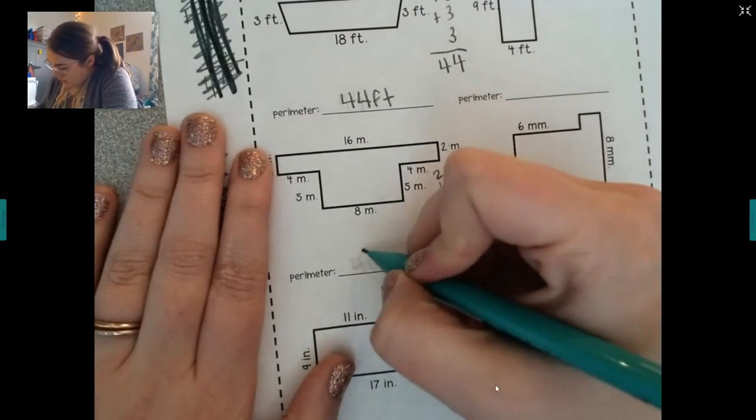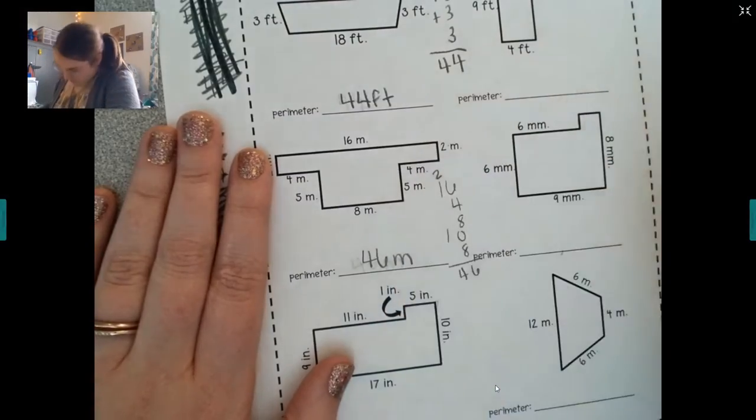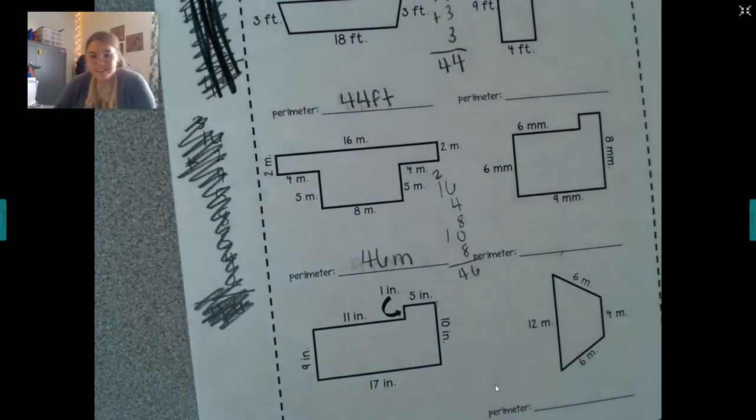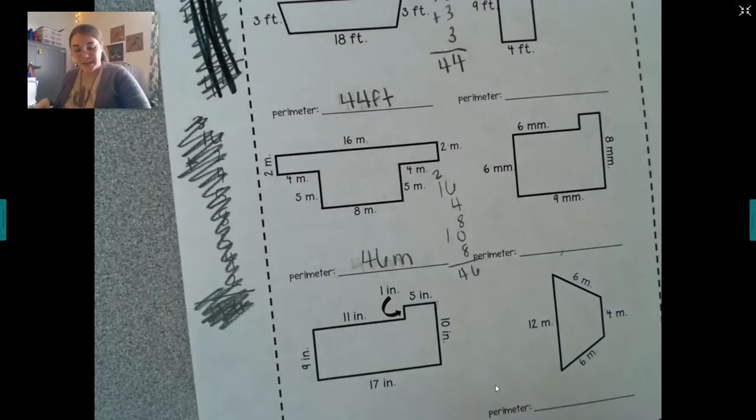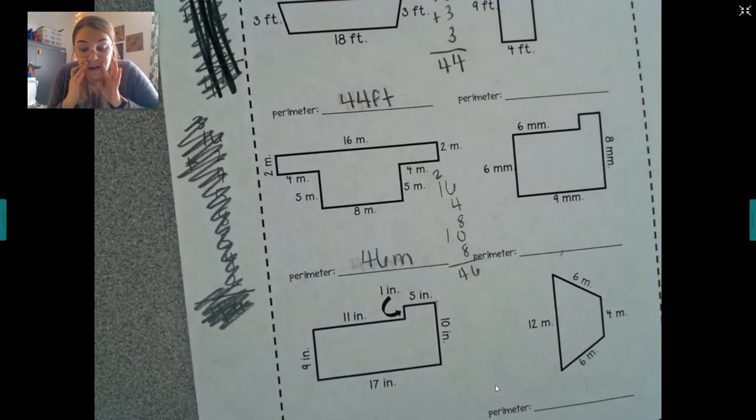Did you get 46 meters? I hope that you did. Now that you know that these irregular figures are just the same, they're just adding up all the sides. It's just a funky shape.